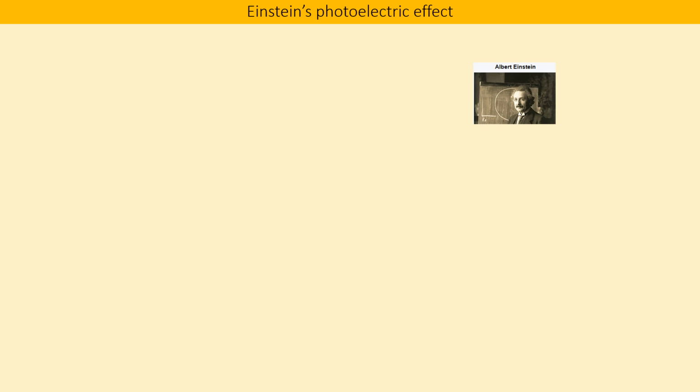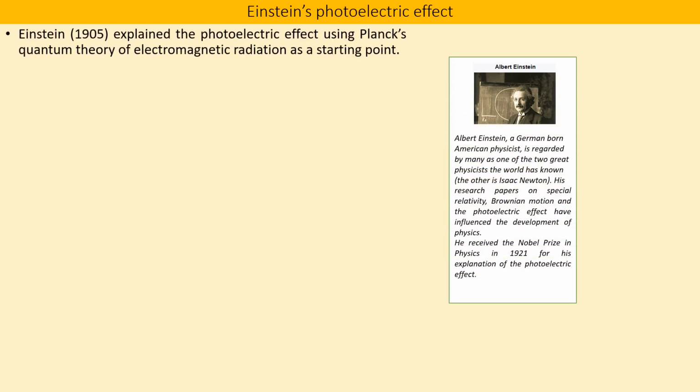Einstein's photoelectric effect. In the year 1905, Einstein explained the photoelectric effect using Planck's quantum theory of electromagnetic radiation as a starting point. Albert Einstein was a German-born American physicist who is regarded as one of the greatest physicists of the world.